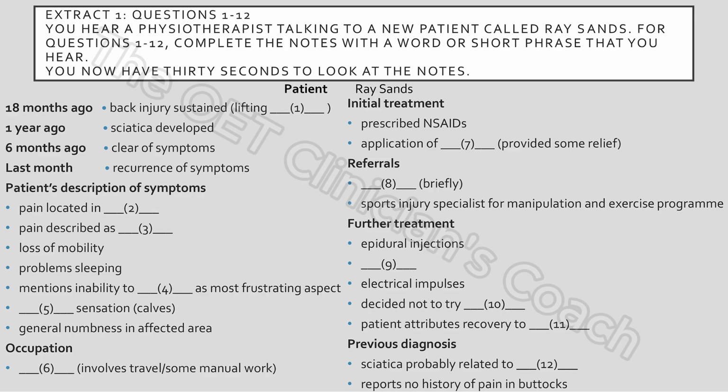And he did a number of things that did seem to ease things a little, like working on my spine and lower legs. Oh, and he gave me a set of exercises to do at home. I see. Any other treatment? Oh, yeah, I almost forgot. There was this course of injections.